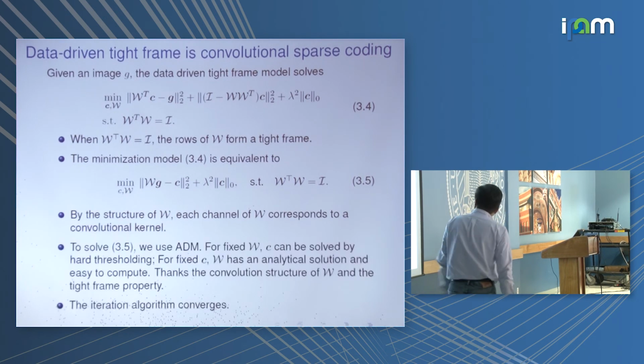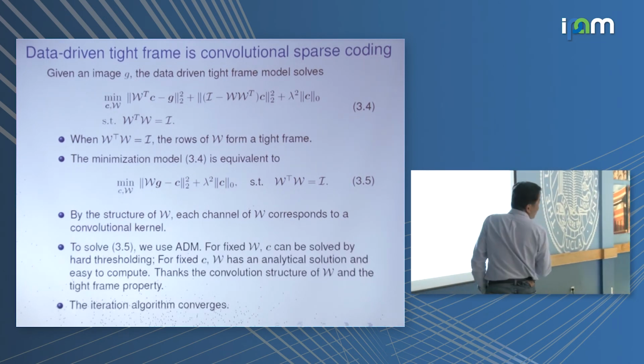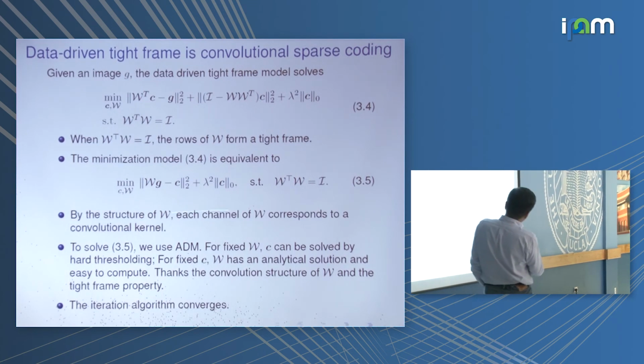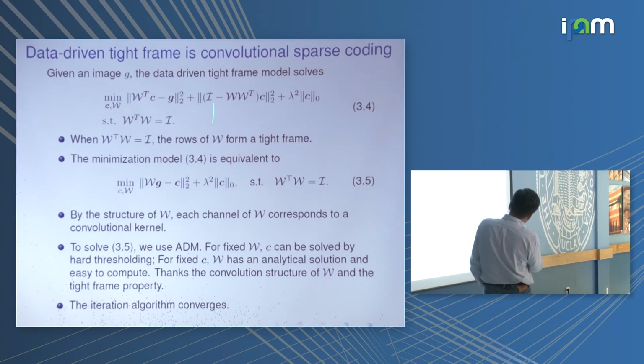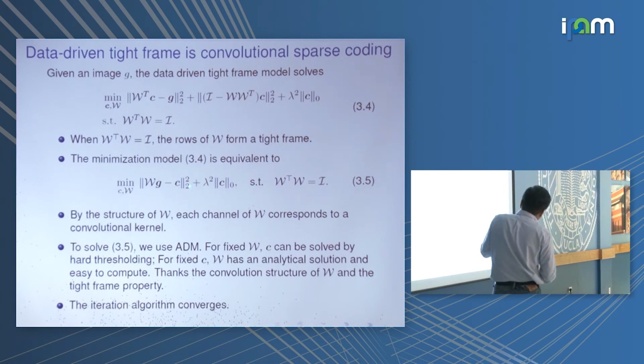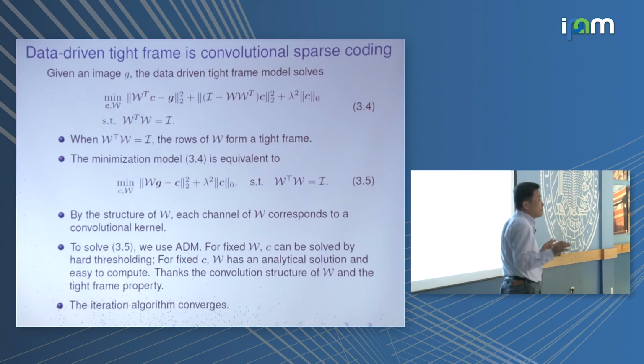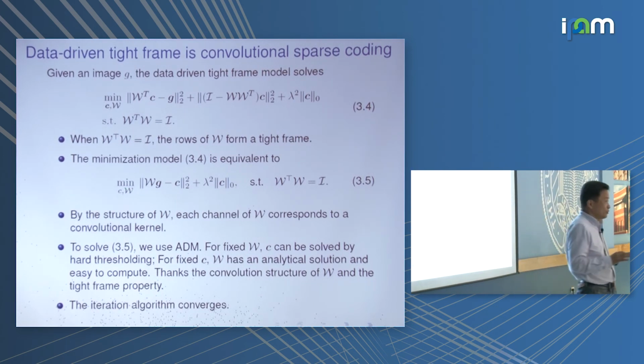But very strangely and very luckily for this case, this condition helps you. Why? Because of how I solve this minimization problem. I solve it alternating. Of course, you fix W and find C, it's very simple: one hard threshold. When you fix C and find W, if you want a general frame, you work hard, it's hard to find.